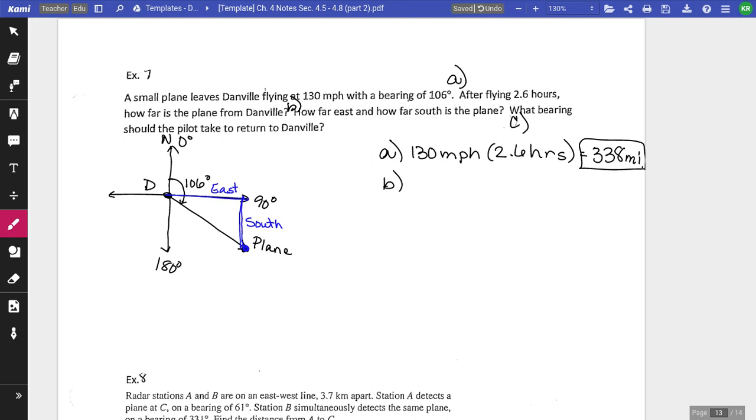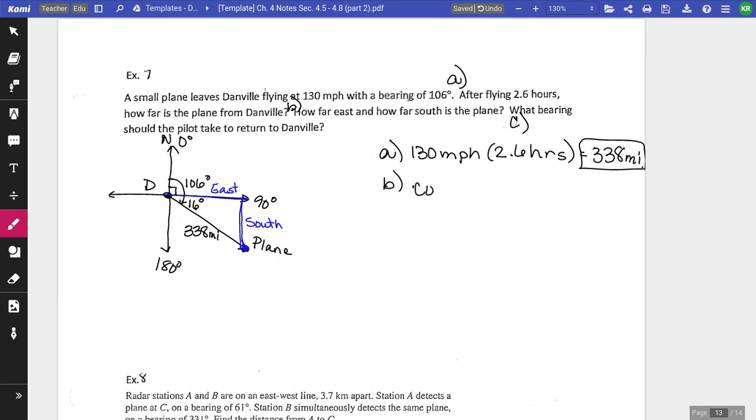We already figured out from part A that you are 338 miles away from Danville, with a bearing of 106. So this small angle right here would be 16 degrees, because I have 90 degrees right here, and 16 would make the total of 106 degrees. Now you can use a trig function or two and find those distances.